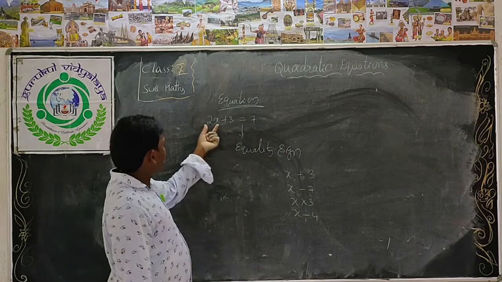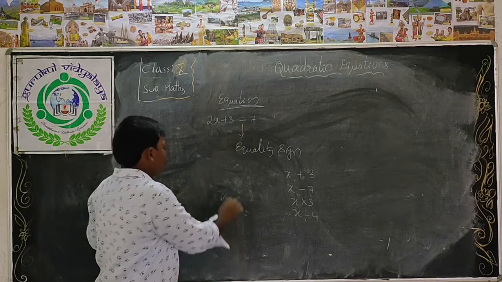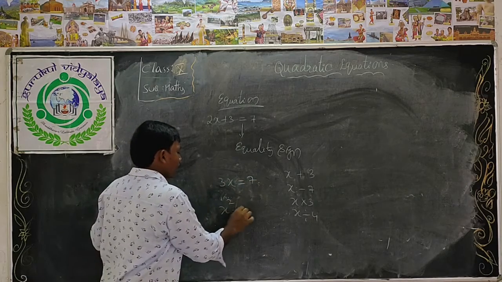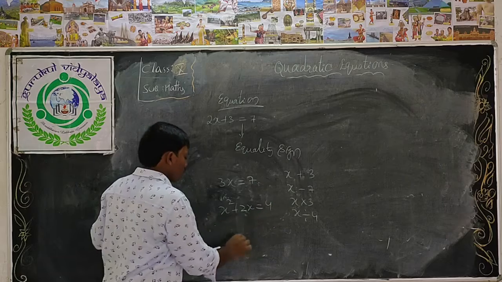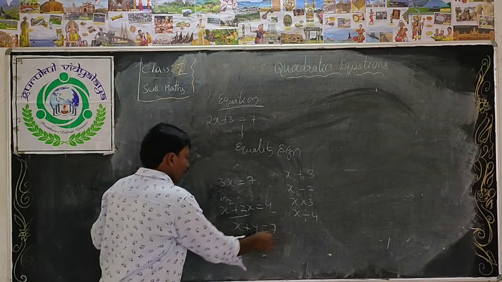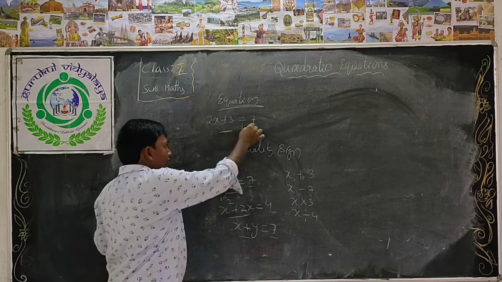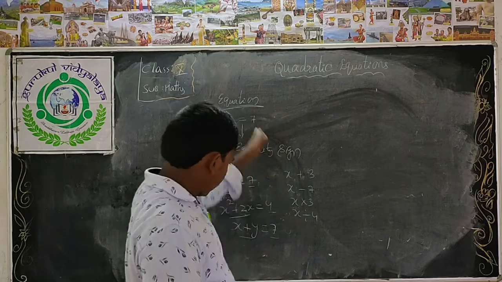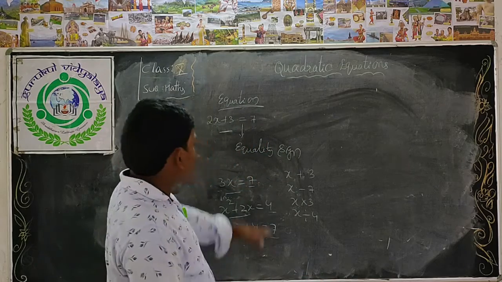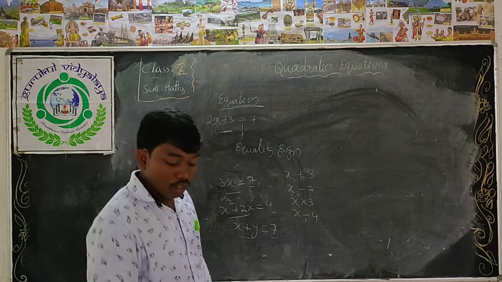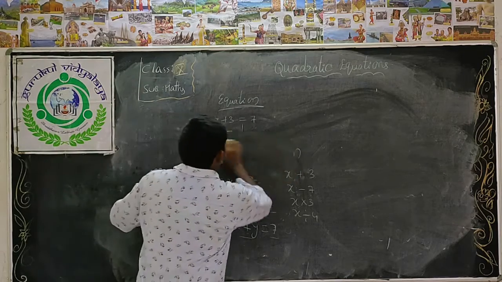For example, 2x plus 3 is equal to 7, 3x is equal to 7, x square plus 2x is equal to 4, or x plus y is equal to 7. These are two algebraic expressions separated by an equality symbol. So these all are equations. Okay.